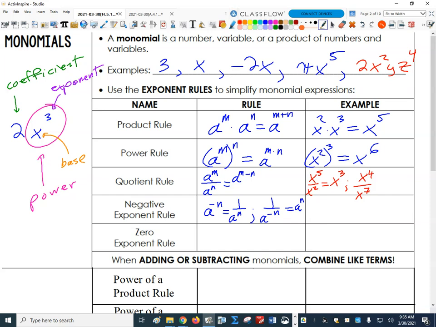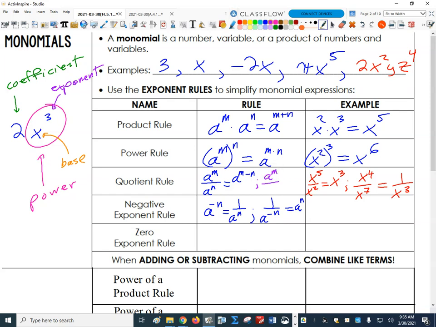Okay, good. So it'd be x to the negative third, which is the same as 1 over x to the third. Okay, is there a shortcut? Well, yeah, there is. In the instance where the exponent in the bottom is bigger than the exponent on the top, we might choose to do something like this.